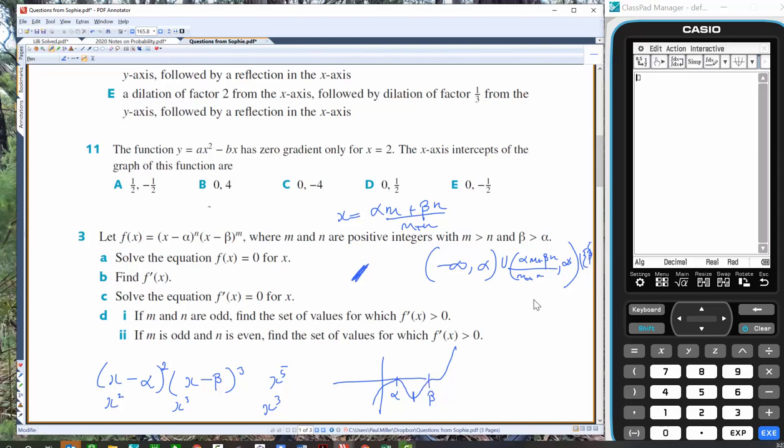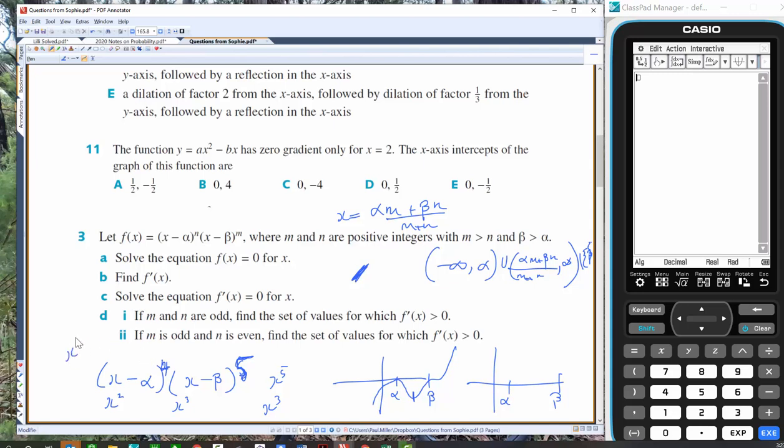Now, how do I know this is the case? What I'm going to do is change this to the next even number, which is 4, and this goes to an odd number, which is 5. So what would that graph look like? Again, that's quartic behavior, which is parabolic behavior, which is going to be a bounce. This is going to be inflection behavior, power 5. So at alpha and beta, we're going to get those.